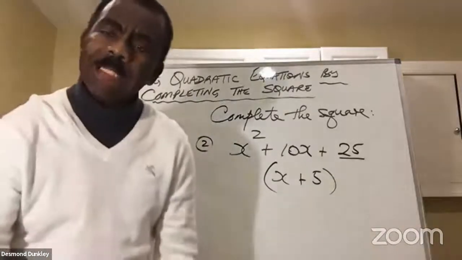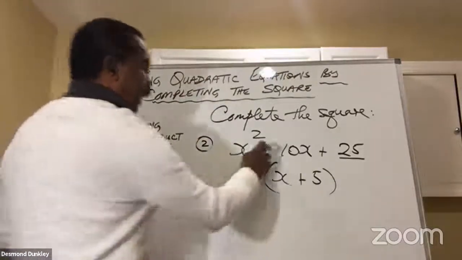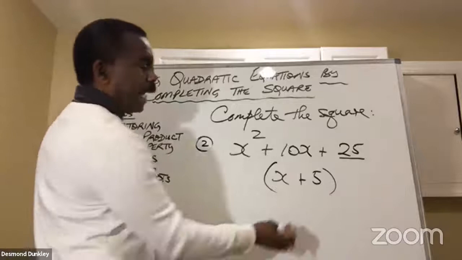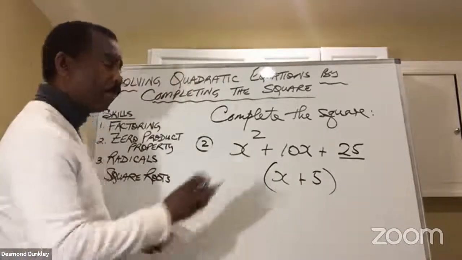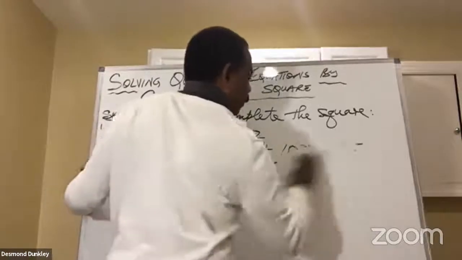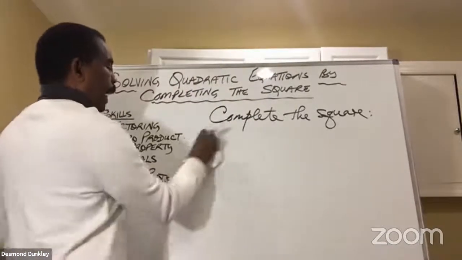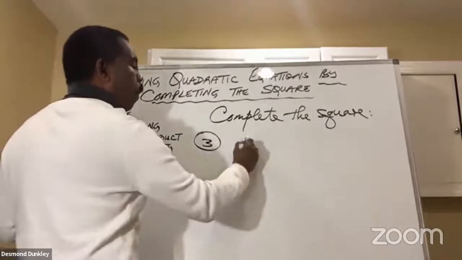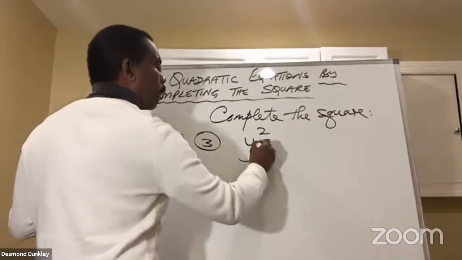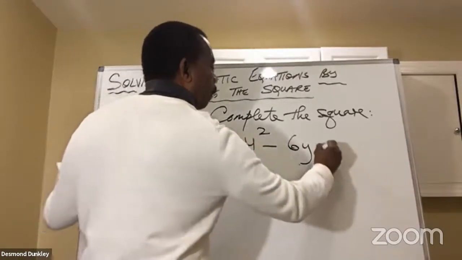Now, somebody's going to ask me, what happens if there's a negative sign? Oh, okay. If there's a negative sign, then all that's going to happen is that you end up with a negative sign in the binomial. So suppose we had y² − 6y plus.